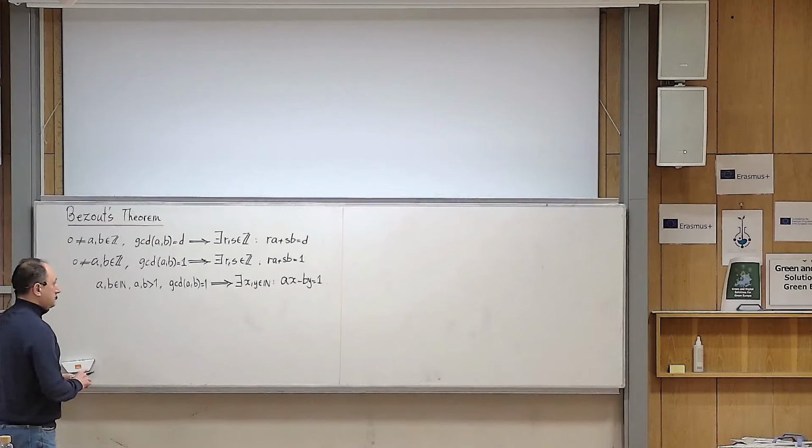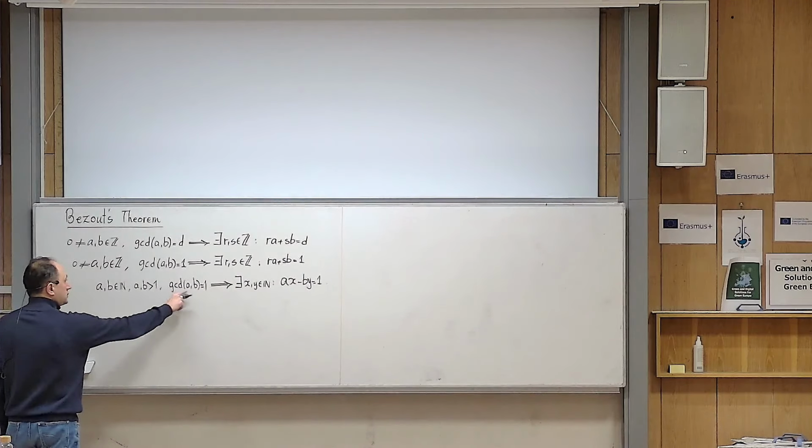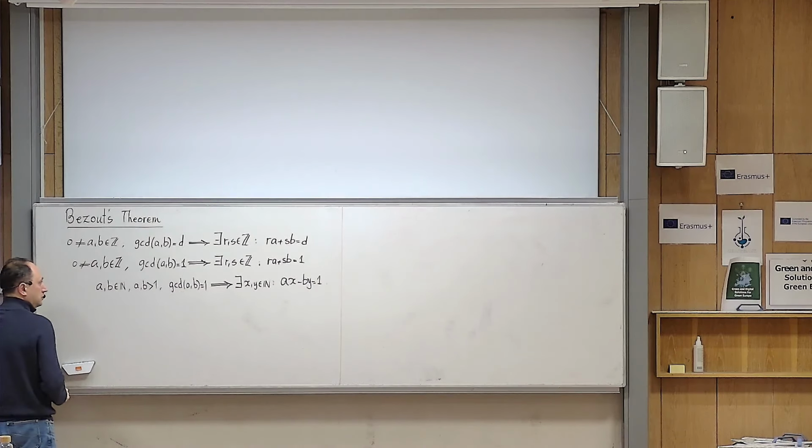When you tell me GCD of a and b is equal to 1, and when you tell me a and b are natural numbers greater than 1, these two assumptions already grant me this case, because if numbers are natural numbers, they are automatically integers.